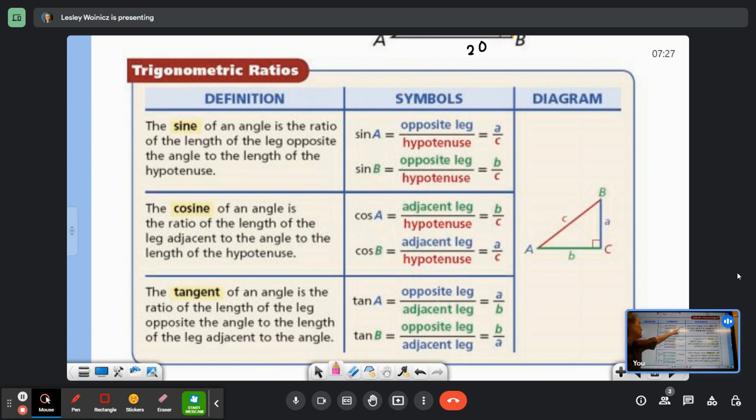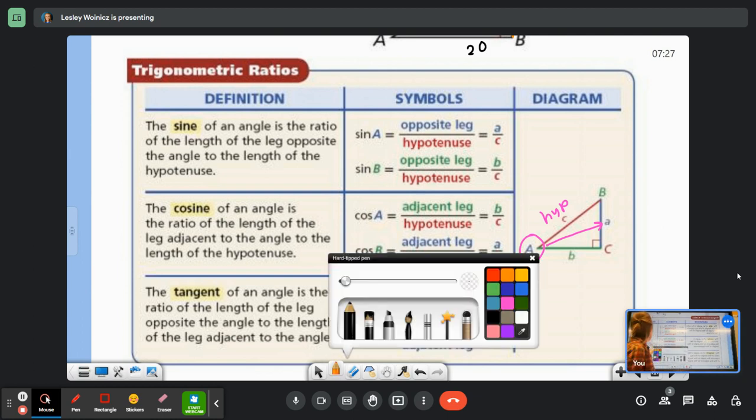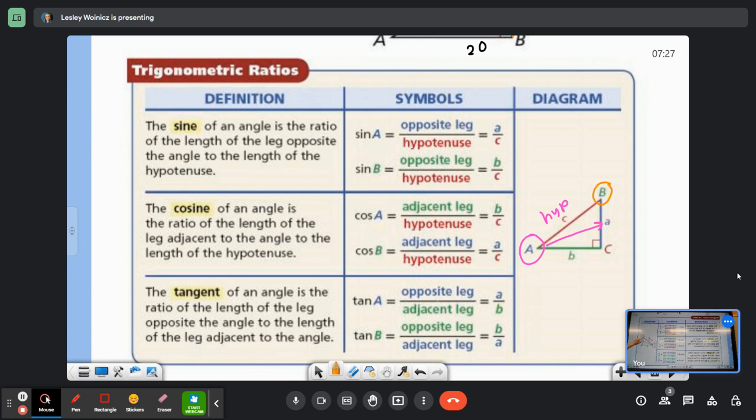So if I take the sine of angle A, I put the opposite, which is the little side a, over the hypotenuse. If I take the sine of angle B, its opposite is the little side b, and I put that over the hypotenuse, side c. Depending on which angle you're talking about, you'll have a different opposite leg. The hypotenuse is always the hypotenuse.